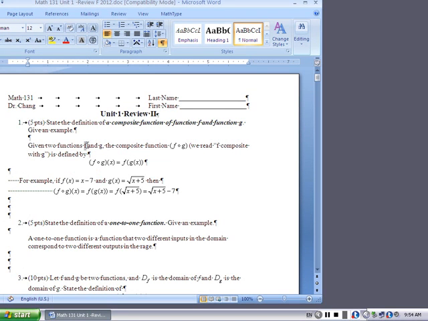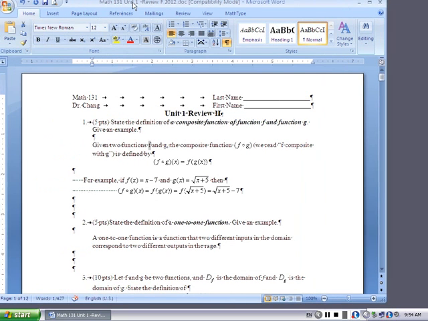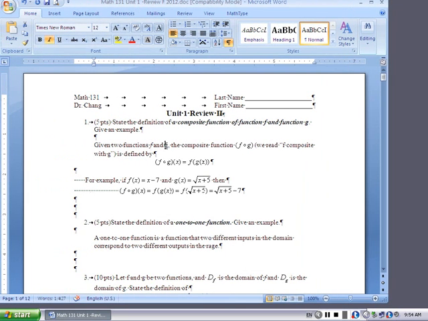Is it clear now? We have to be trained so that you can communicate with people, talk about math, think about math, and express using the proper mathematical language. So there are two functions we're given, one is f, one is g. The composite function, we denote it by f circle g, but we read it f composite with g.